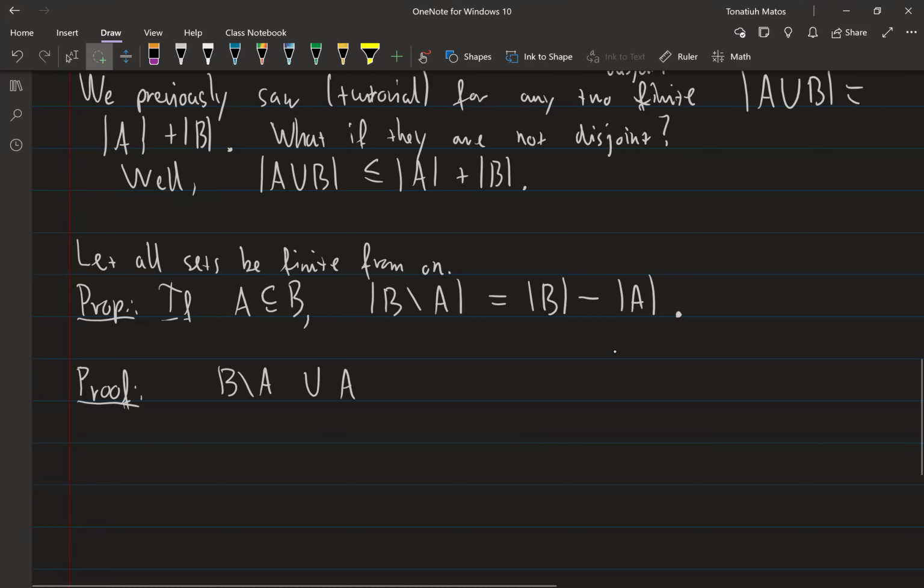It's not too difficult to see that if I remove something and then add it back, what I get is simply the original set B. Again, this doesn't happen if A is not a subset of B, because removing something that was unrelated to B and then adding it could produce something bigger, right? So I have to remove something that was in B to begin with, so that when I add it back, I get the total.